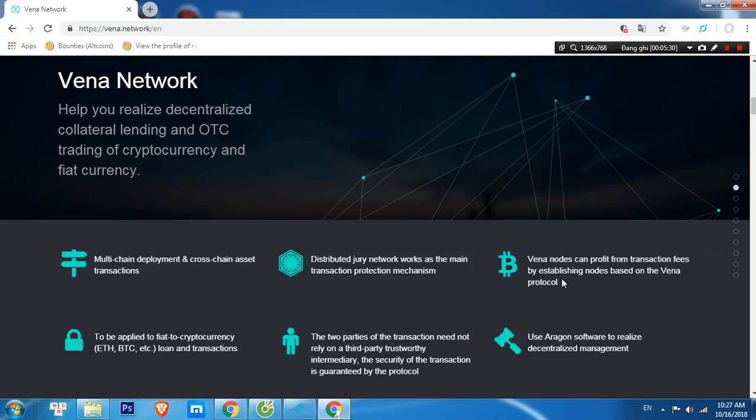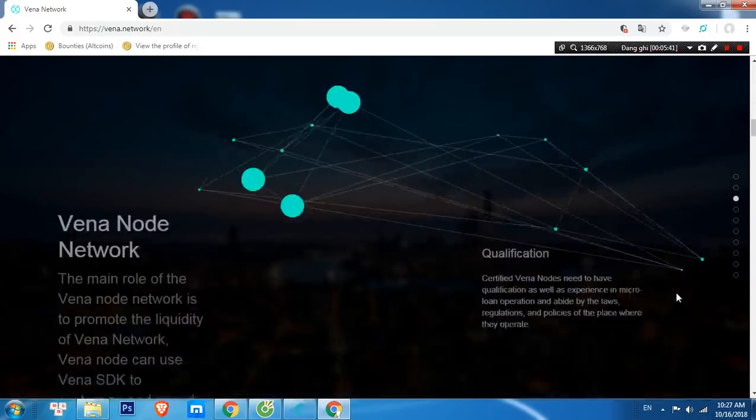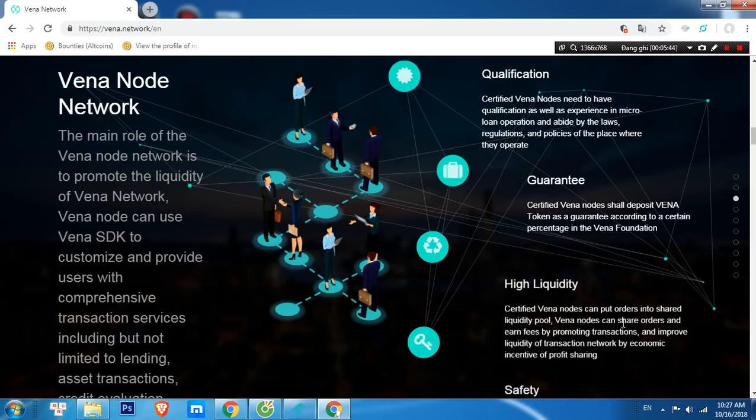The security of the transaction is guaranteed by the protocol and algorithm software to realize decentralized management. And Vena nodes are the key element of Vena network.